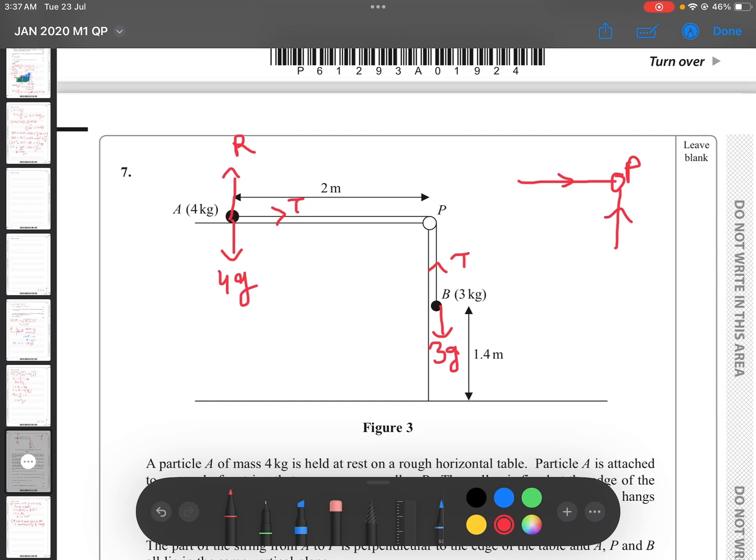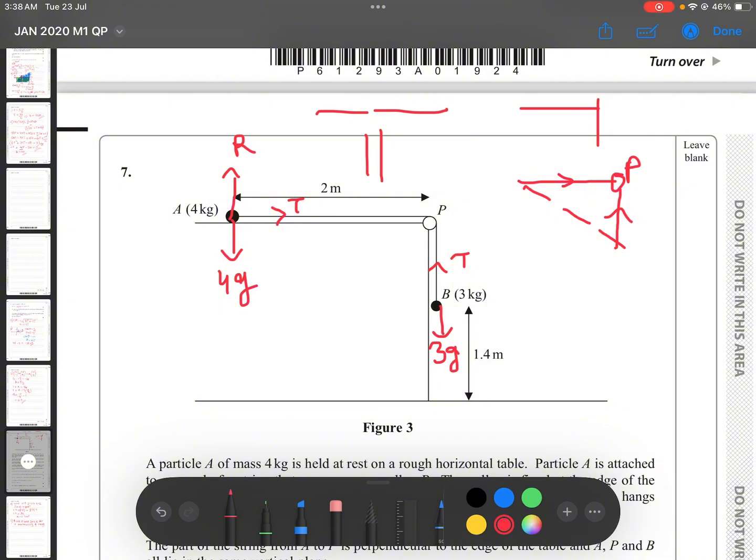As these are horizontal and vertical, not in the same plane, we could not have simply added them as we would with two horizontal forces or two vertical forces acting on the pulley P. As they are acting in different planes, we have to find the resultant between them. That is going to be equal to the force acting on pulley P.